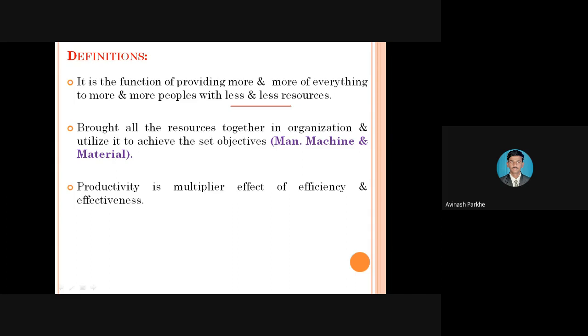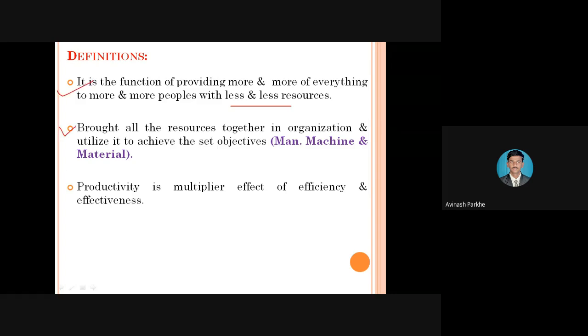But while satisfying all these needs, we have to use minimum resources. If with minimum resources we satisfy all the requirements of the customer, then we can say that your productivity is increasing. So this is the meaning of the first definition.